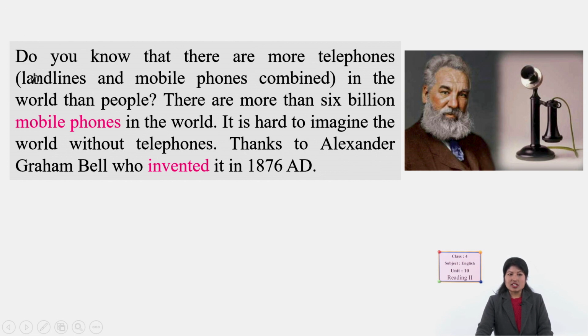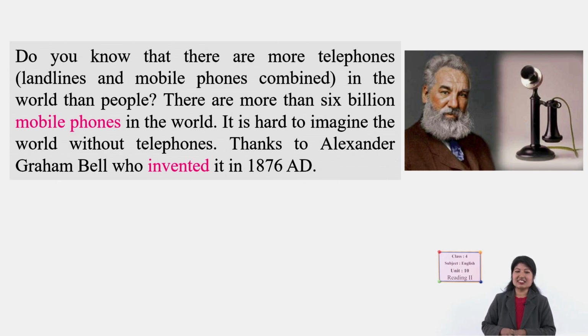Let's start. Do you know that there are more telephones, landlines and mobile phones combined in the world than people? There are many people in the world, but more than that, there are telephones and mobile phones.